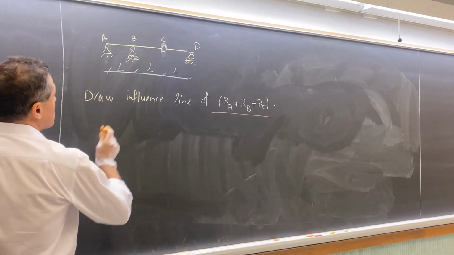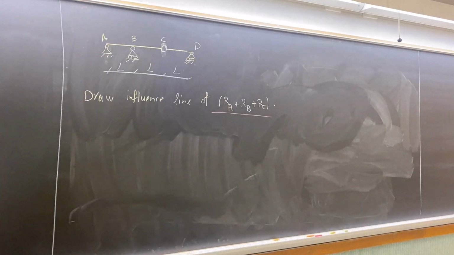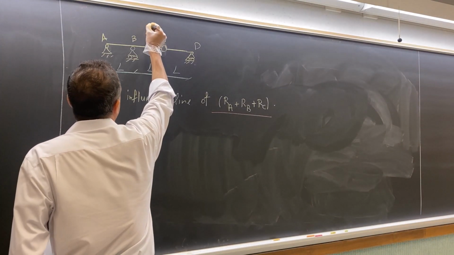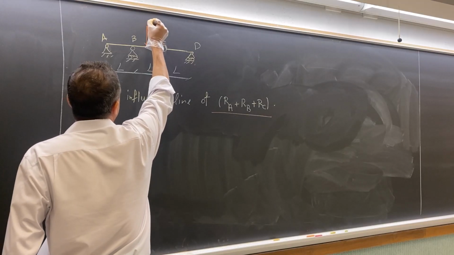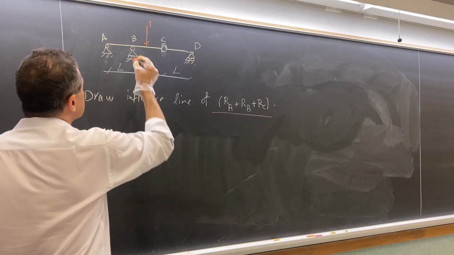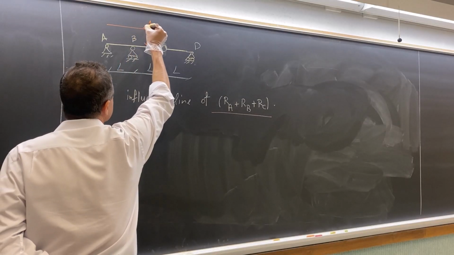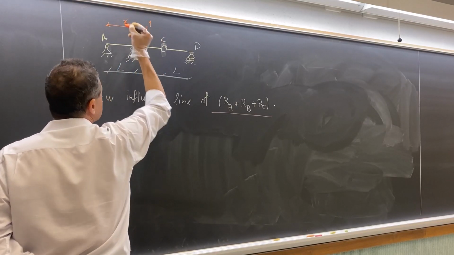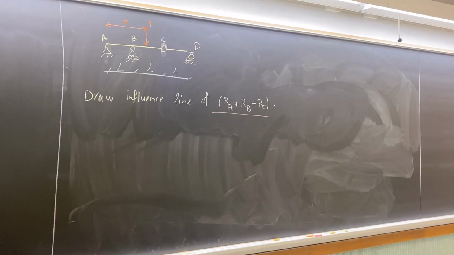So if I place the unit load somewhere, this is the unit load, and the distance from A is x. It's a variable, so it could be any point on the beam.